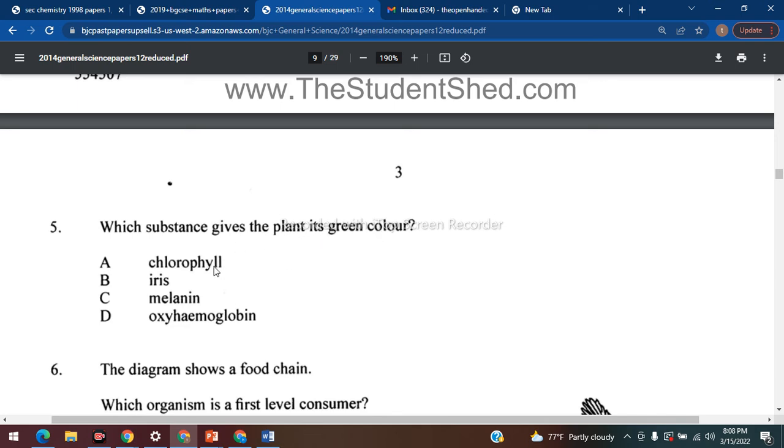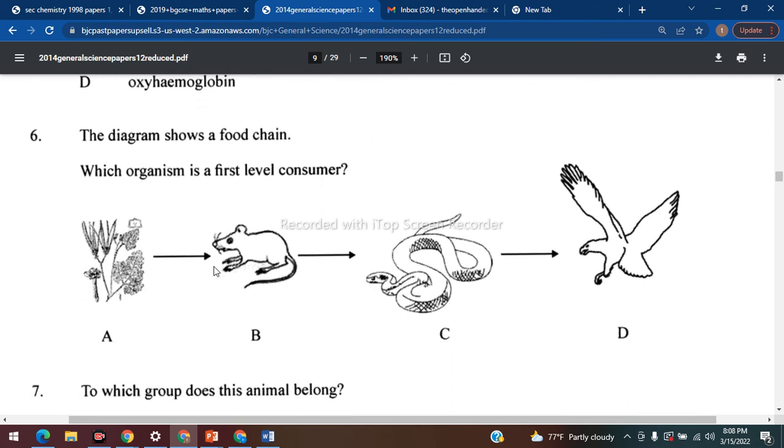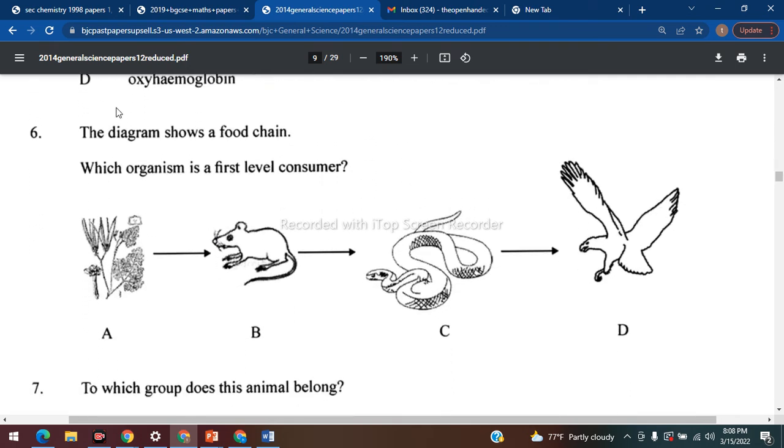Chlorophyll. Very good. The diagram shows a food chain. Which organism is a first level consumer? B is the correct one, because they say first level consumer. A consumer is someone who eats.